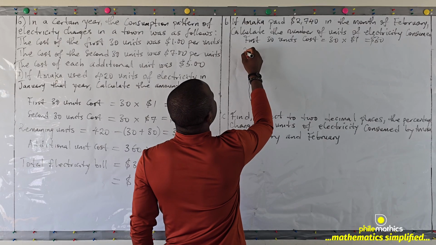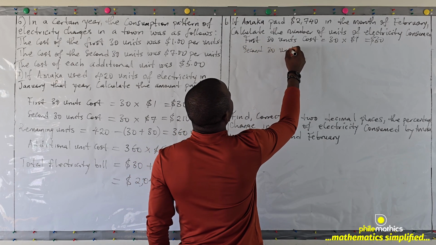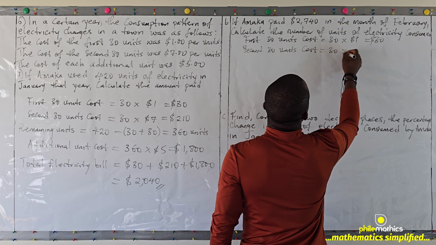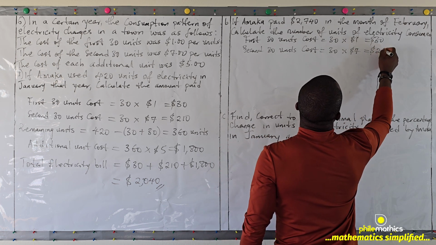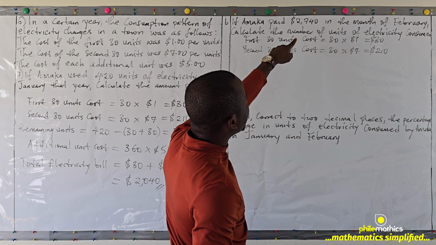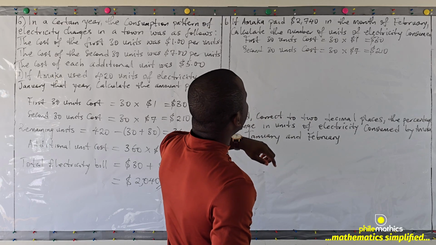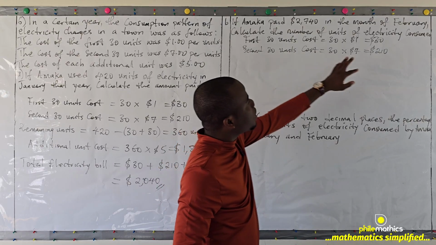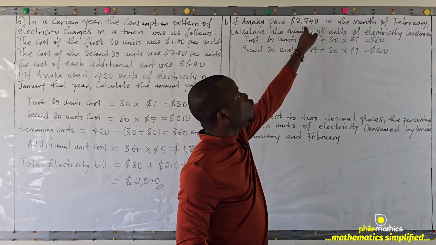And again, the second 30 units will cost her 30 times $7, and this will give us $210. And then she paid $2,740 in the month of February. Now, for us to get the remaining units, we are going to subtract this amount from this and then know what's remaining.